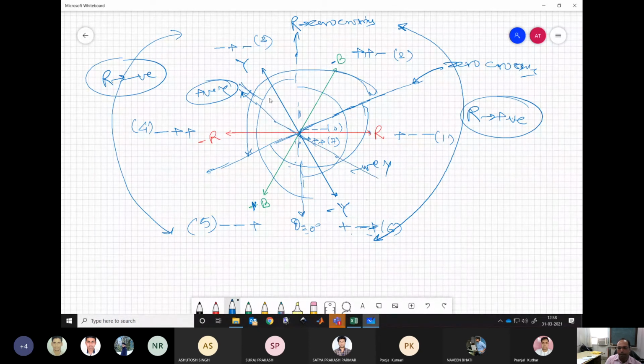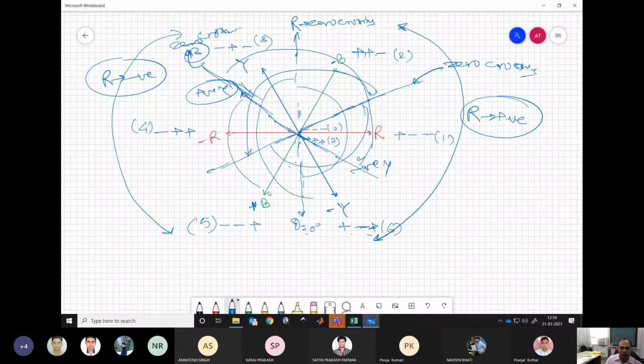Similarly, if you draw a line perpendicular to the B axis, that will be the zero crossing for the B phase. So B is positive here and negative here, which means on the negative side, all three vectors will have B negative.